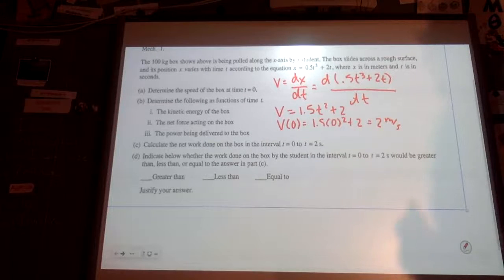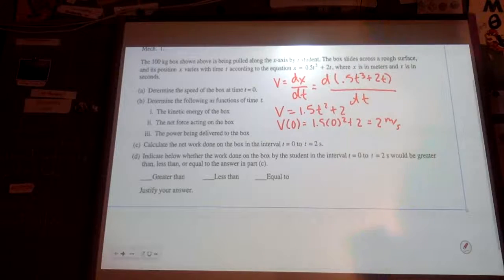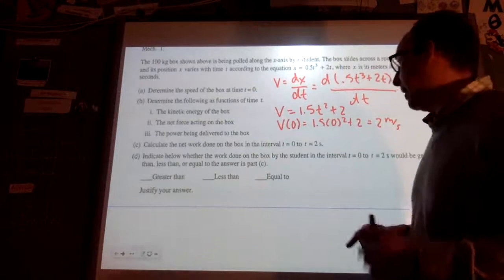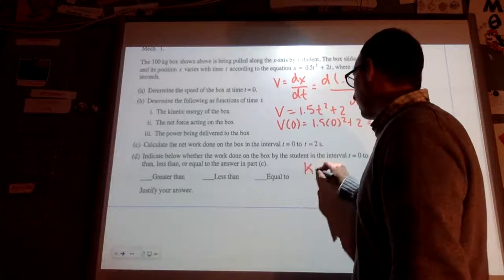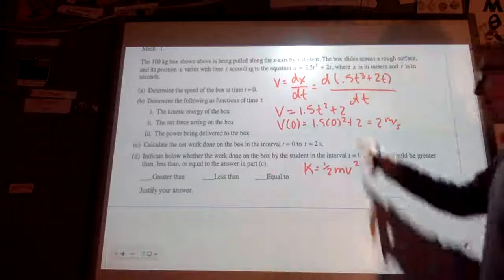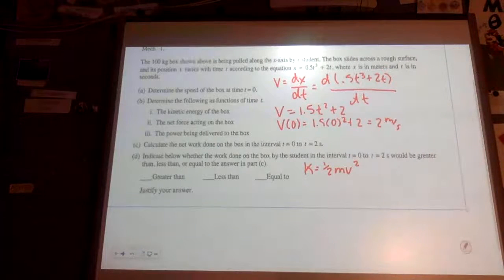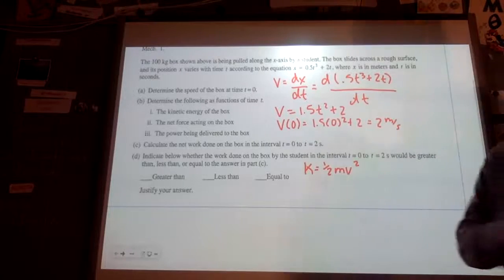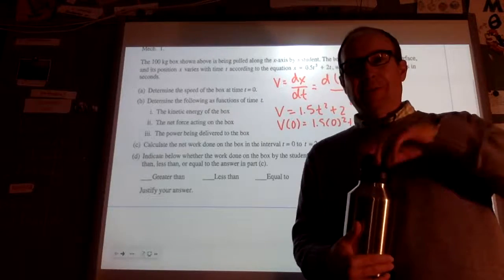Determine the following as functions of time t, the kinetic energy of the box. Okay, so the kinetic energy is going to be 1/2 mv squared. We already have a function with respect to time for the velocity.